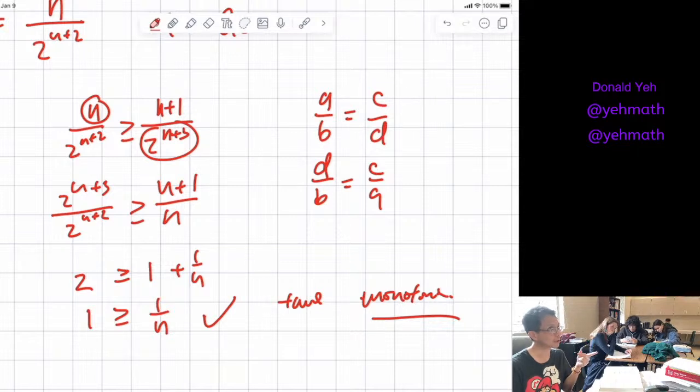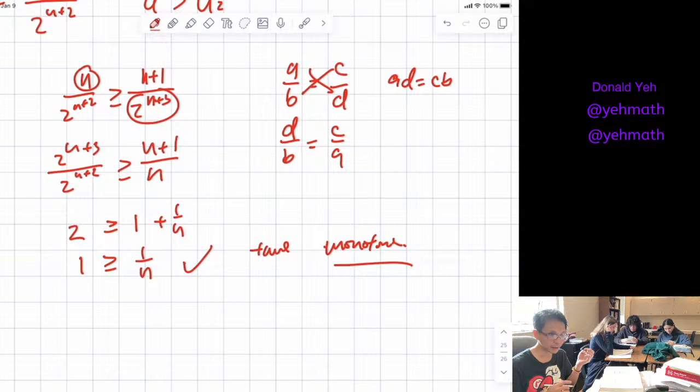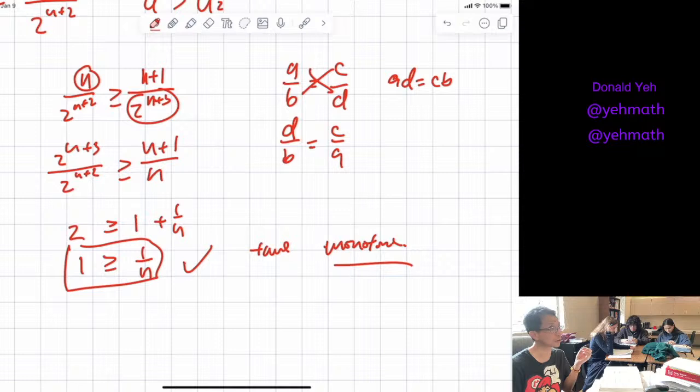Or you can cross multiply: AD is equal to CB. You just skip a step. This has nothing to do with the squeeze theorem, this is a true statement. If it's a true statement, you're monotonic.